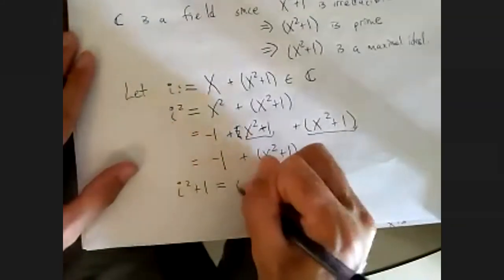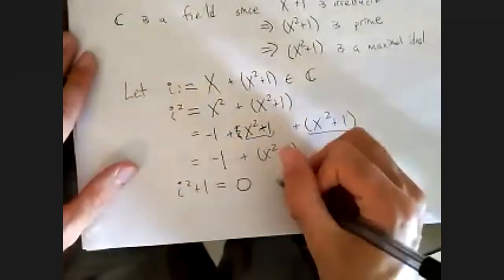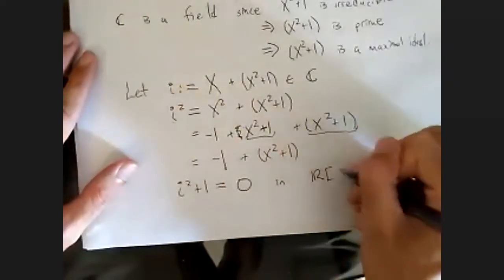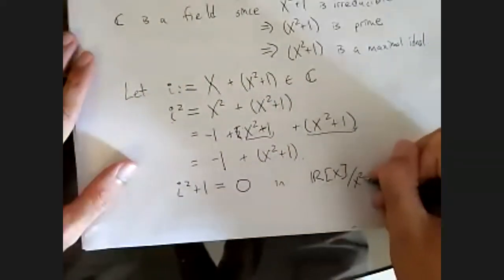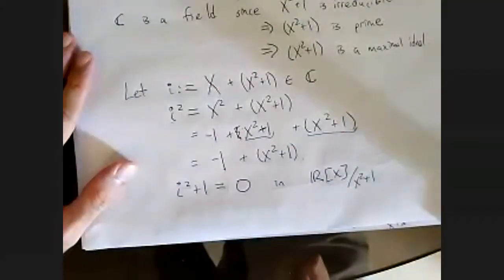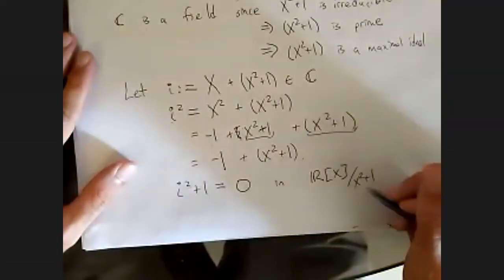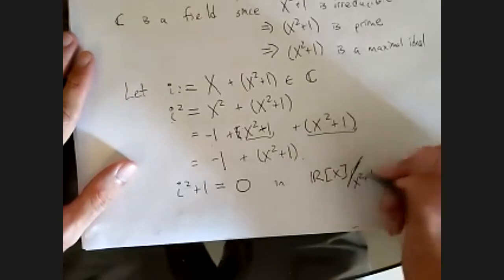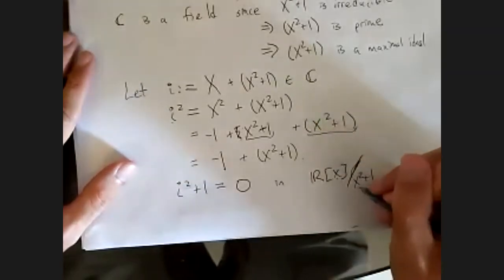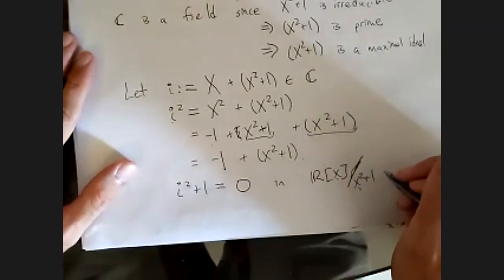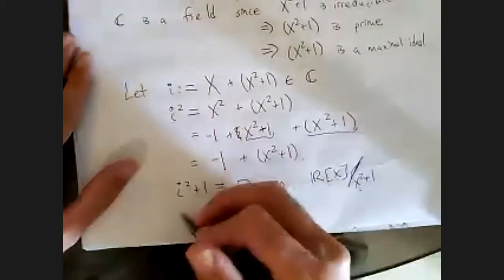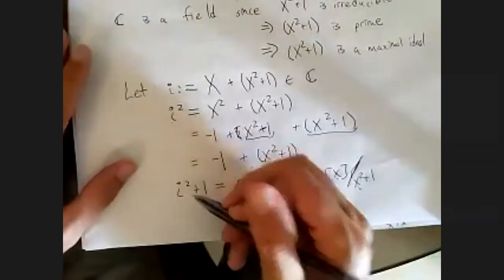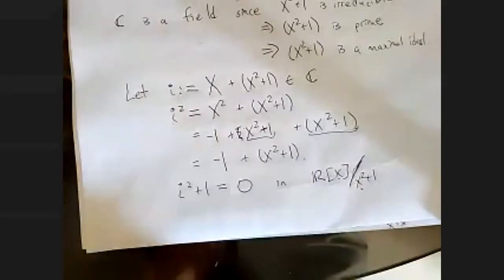So you just have the equation i squared plus 1 equals 0 in R[x] mod x squared plus 1. Okay. So when I take the quotient by x squared plus 1, I'm saying that we're in the polynomial ring, but now I'm making x squared be negative 1. And when I do that, I kind of invent a solution to x squared plus 1 equals 0. I call the solution i.